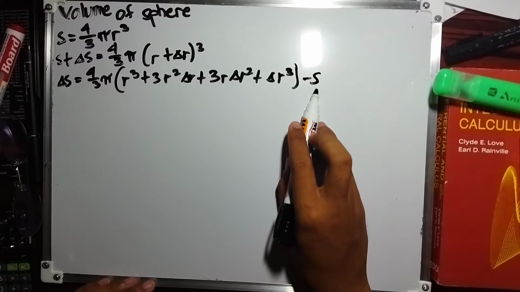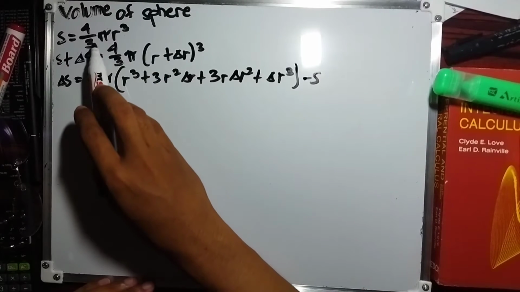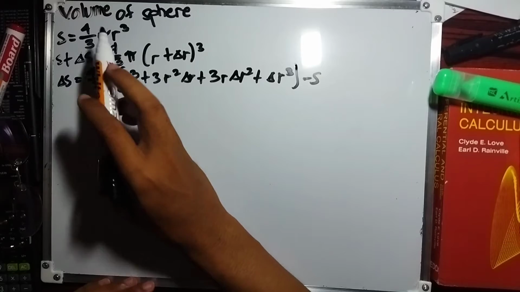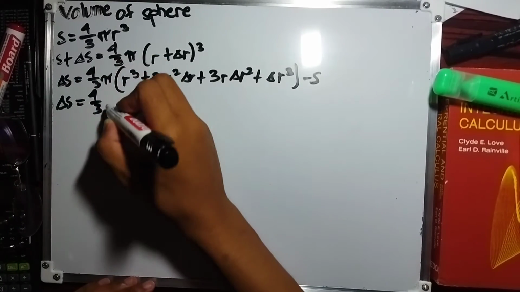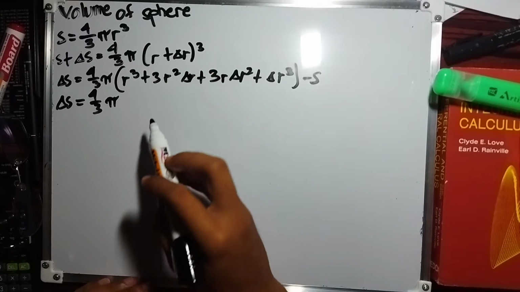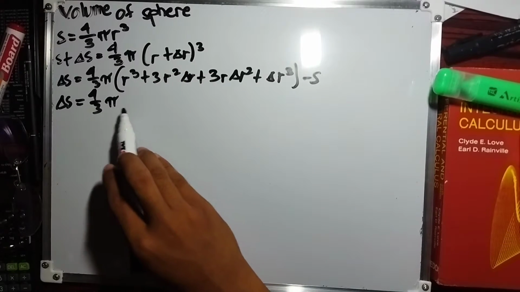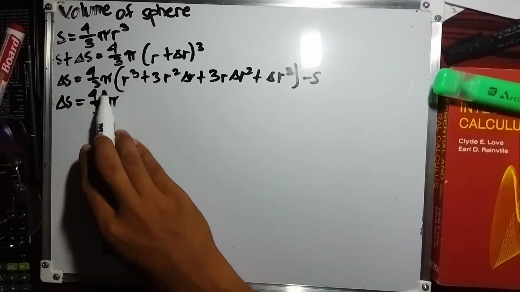And our S here again is the volume of a sphere, which is 4 over 3 pi R cubed. So delta S is equal to 4 over 3 pi. So let's first substitute the 4 over 3 pi into the parentheses.